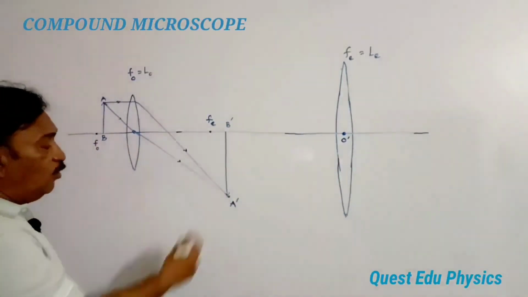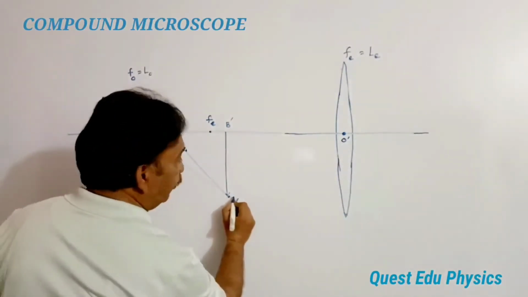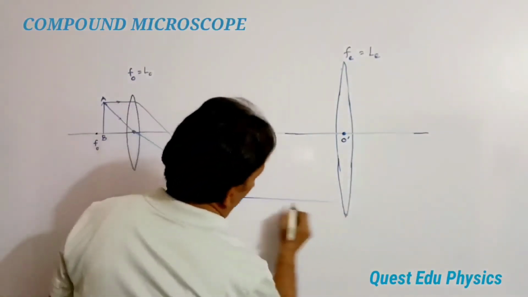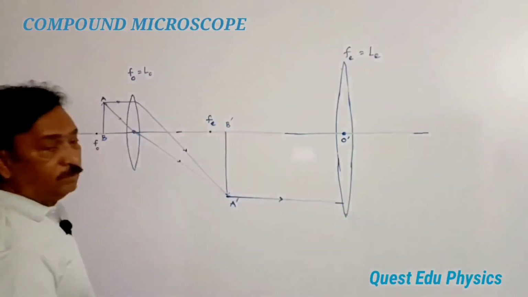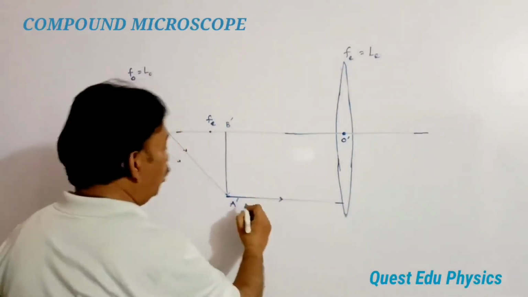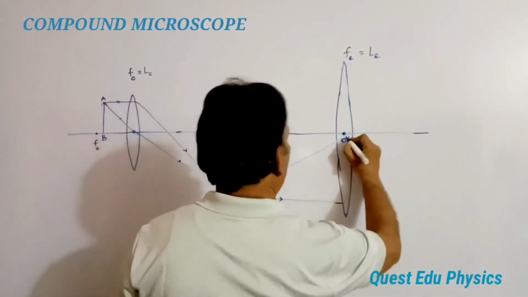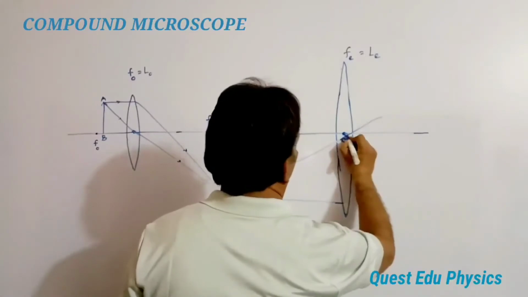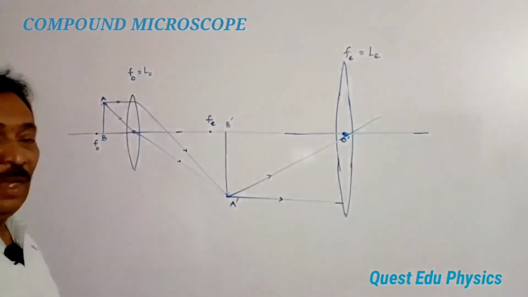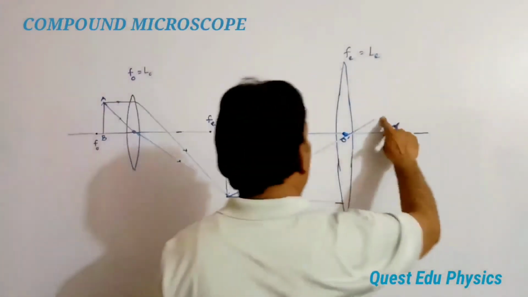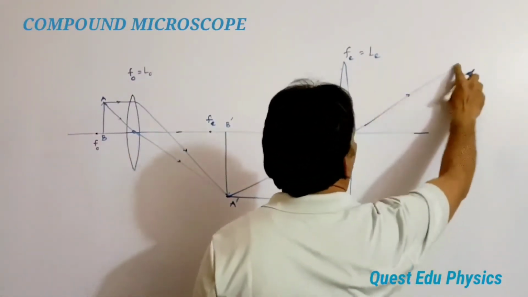Now we have to go with the final diagram. You know the image tracing method: one ray has to be taken parallel to the principal axis and travel along, and the second has to move through the optic center, students. It is moving on. If we extend this ray backwards, we can extend it like this.